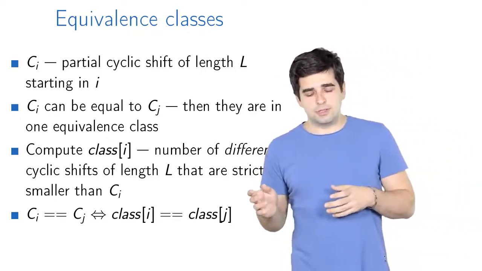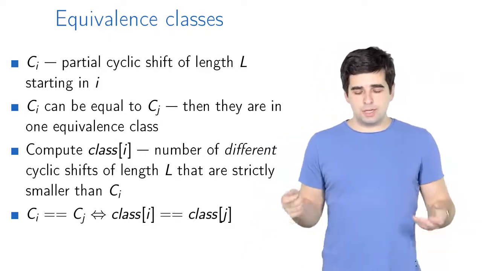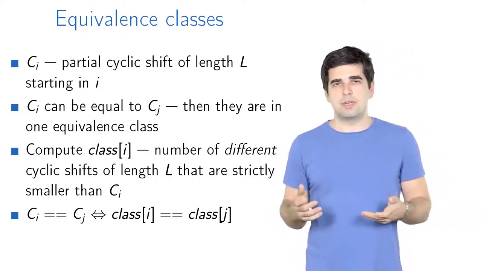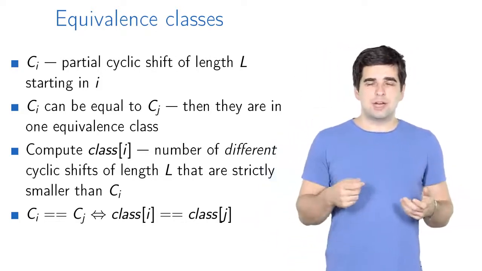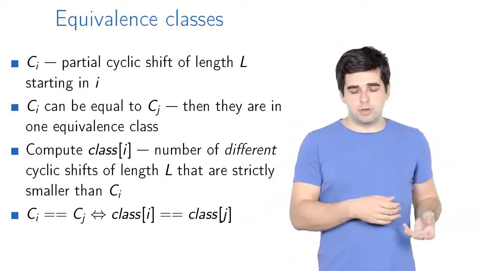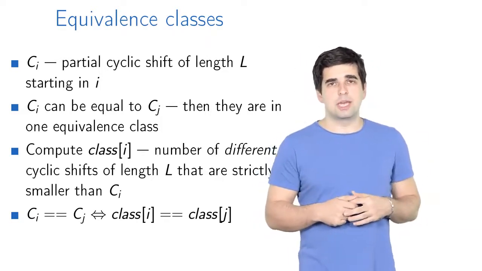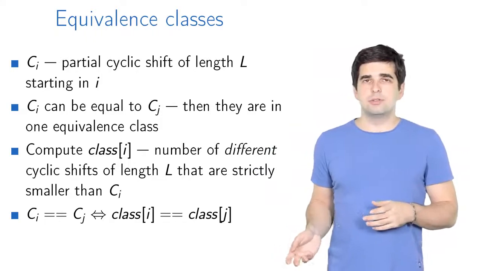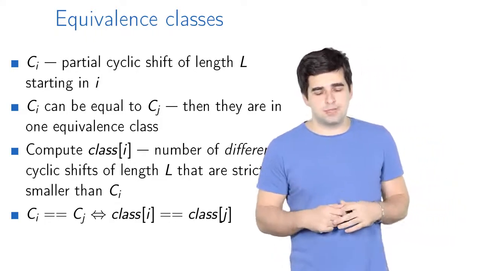So for different cyclic shifts which are equal, the values of class[i] and class[j] will be the same, because the same other cyclic shifts are smaller than these two equal cyclic shifts. We'll need to compute this array class to increase the speed of the next phases.